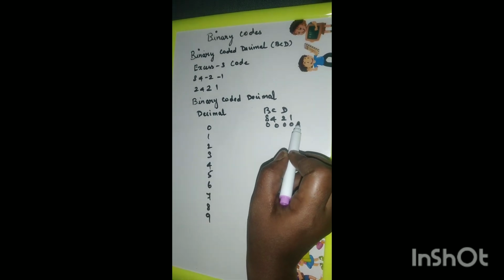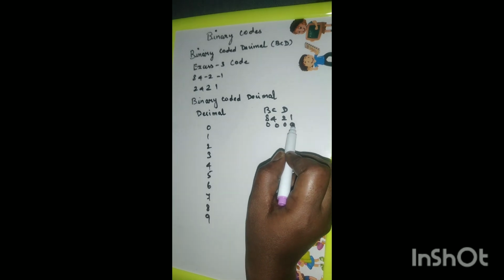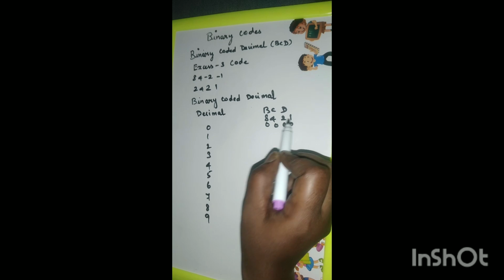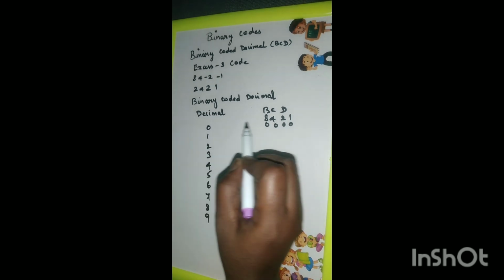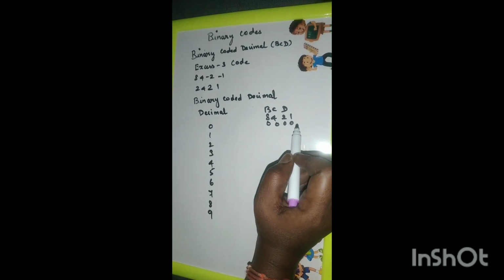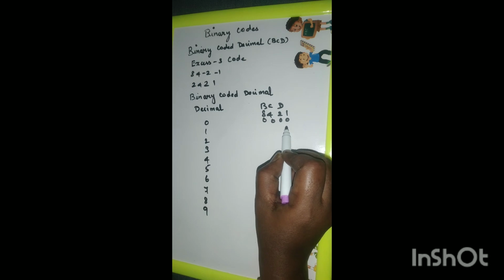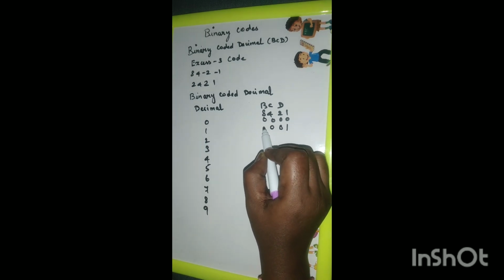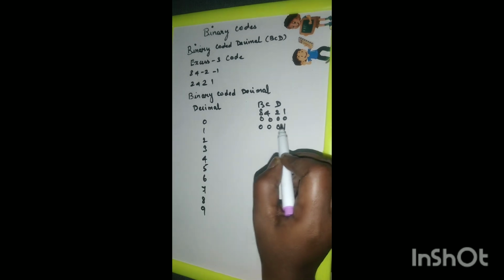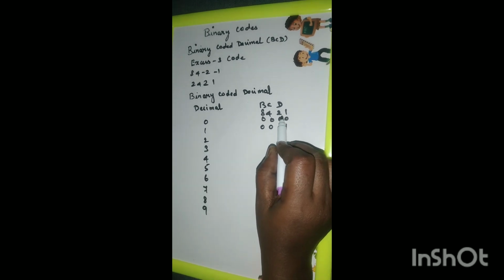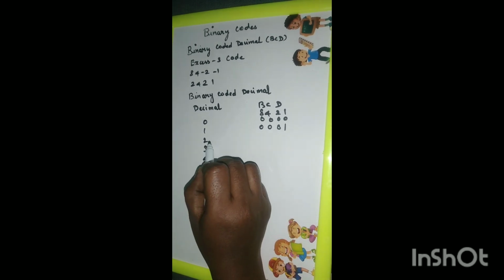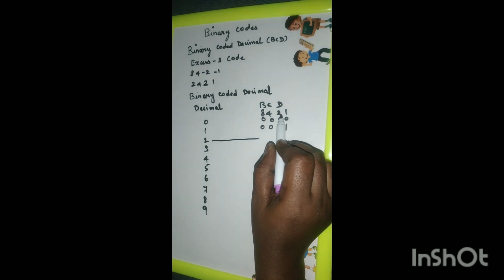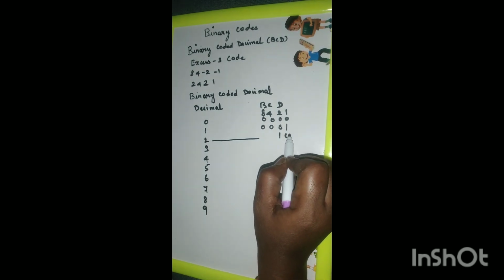For 1, we should choose the number from 8421 which is equal to 1. Here we have 1, so directly we can put 1 for the 1 and 0 for the other digits. For 2 we have 2 itself, so we should assign 1 to the 2 and zeros for the other digits.